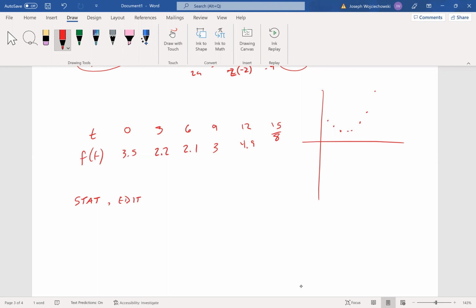So here, this is list 1, list 2. So we have 0, enter, 3, enter, 6, enter, 9, enter, 12, enter, 15, enter. Then go to list 2: 3.5, 2.2, 2.1, 3, 4.9, 8. Make sure you have the same amount of data.